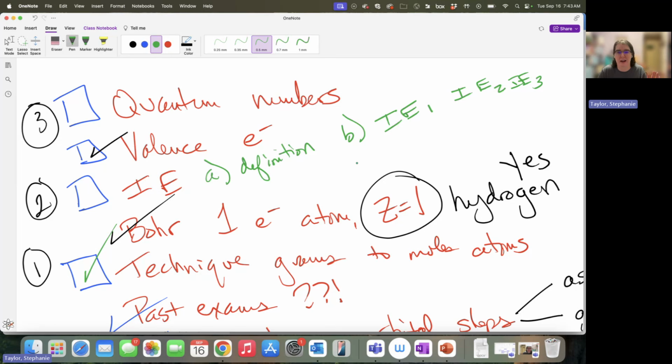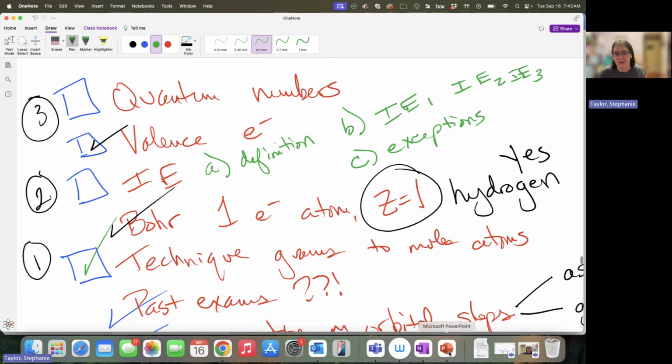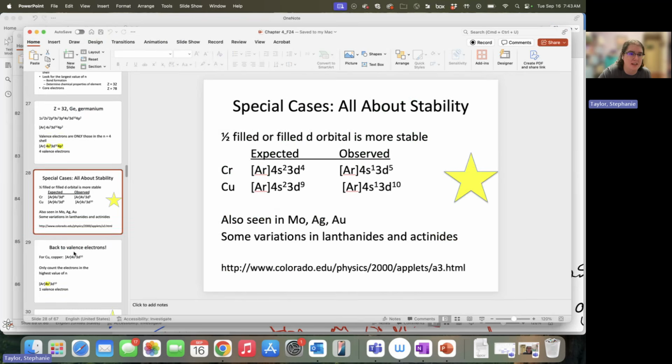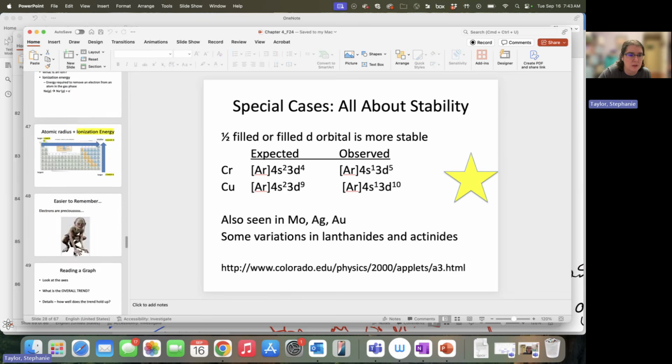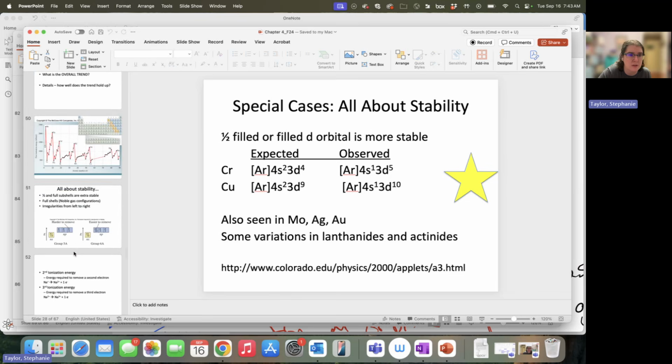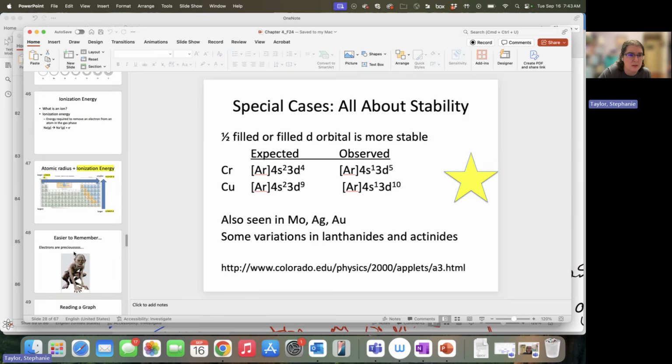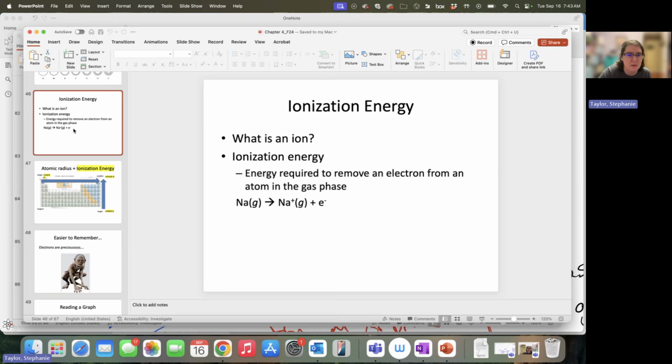And then it has exceptions. So ionization energy has 3 parts that we're going to talk about. I'm going to grab my slides for this because I want, where's ionization? This.